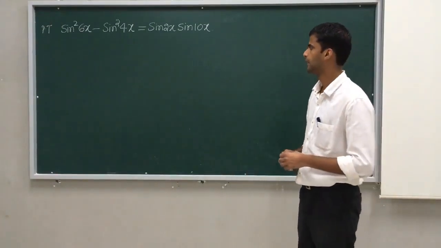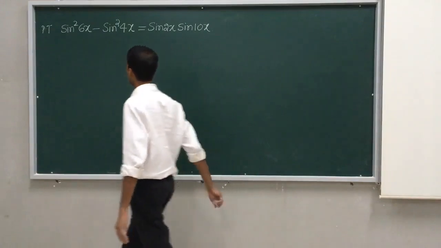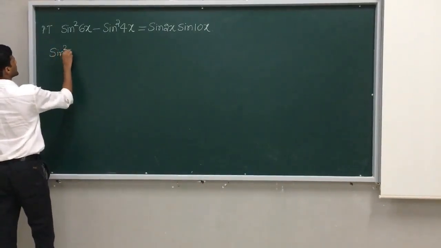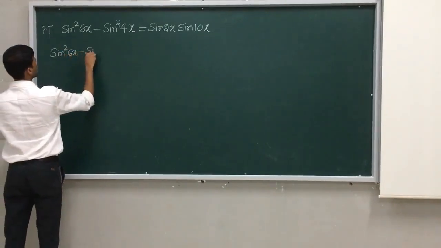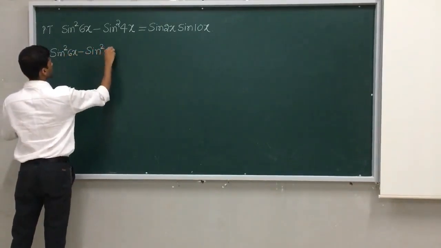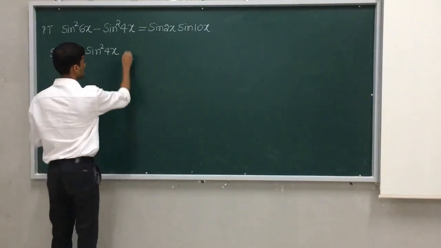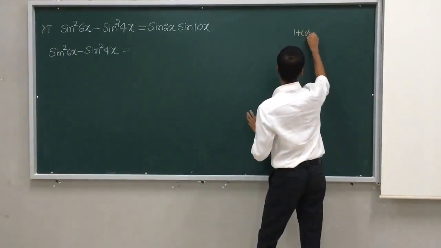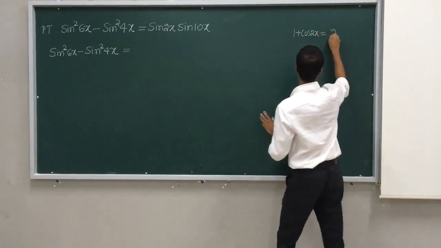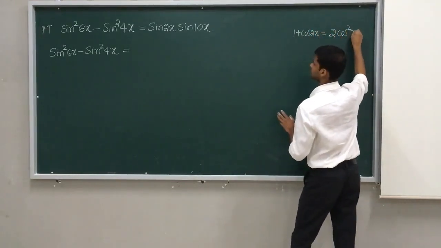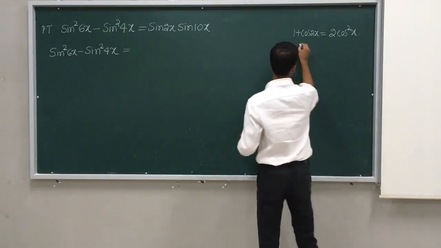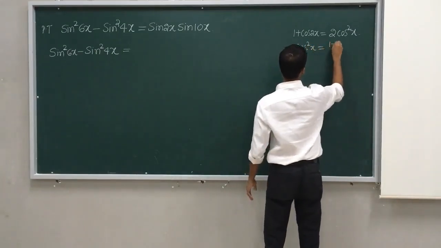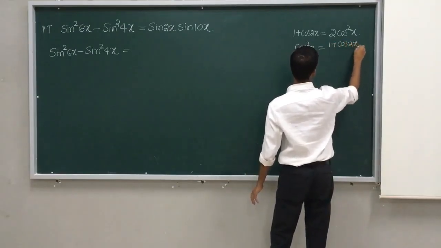So let me try one method on sin² 6x minus sin² 4x. We all know some formulas. We all know 1 plus cos 2x equals 2 cos² x. Therefore, cos² x is nothing but (1 plus cos 2x) by 2.